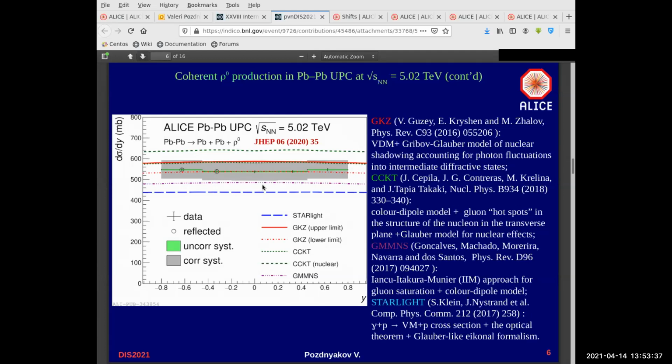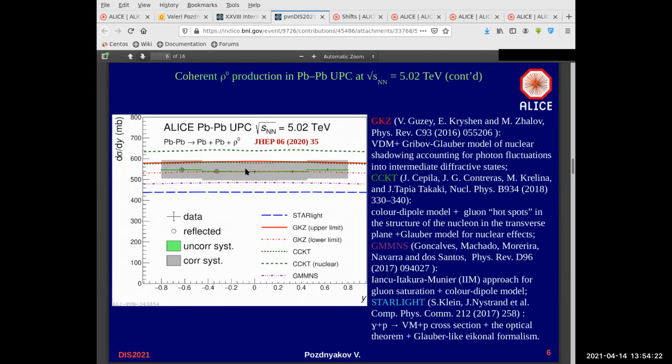So you can see that our data, within systematic uncertainty, which is around 7-8 percent, are in agreement with a few models, except for the Starlight model, which is quite low with respect to the data. And also the CCKT model has a quite large band, but in some sense we are lower than the prediction of this model.